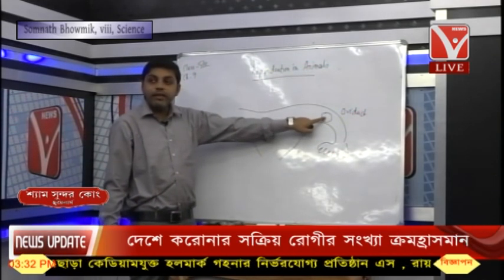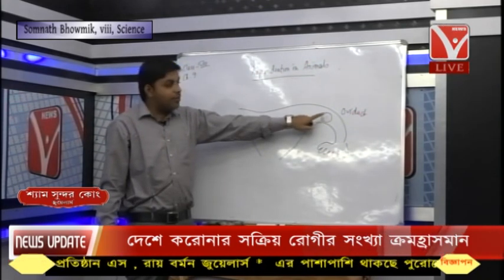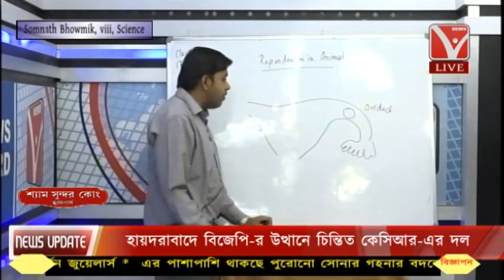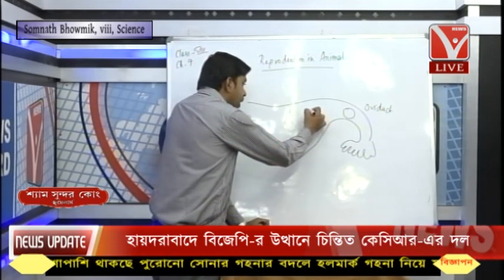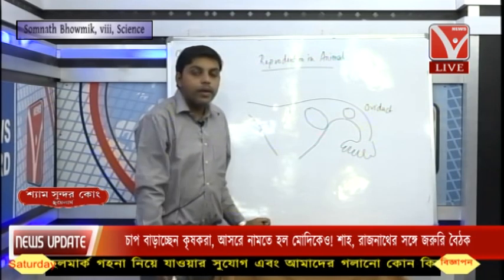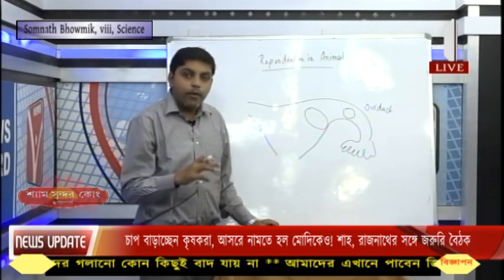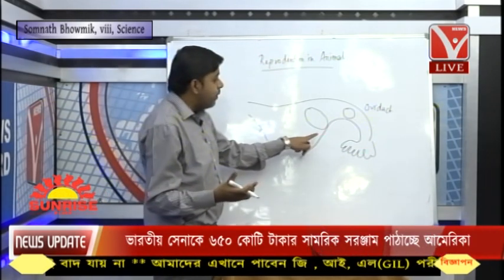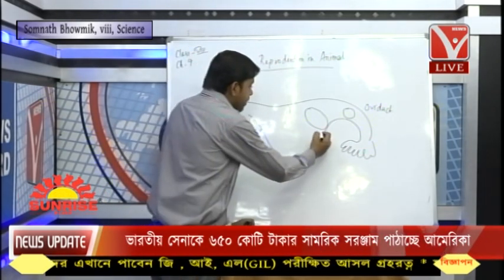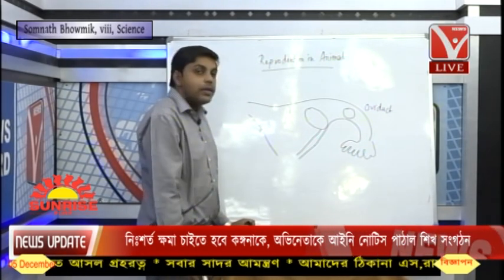The ovum gets fertilized by the male sperm, and after traveling through the oviduct, the fertilized ovum, the zygote, becomes a ball-shaped structure and is implanted in the wall of the uterus. As I told, this is known as the uterus.